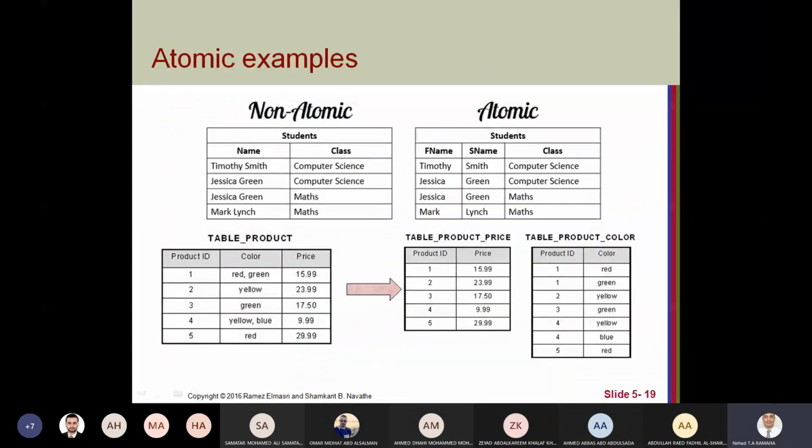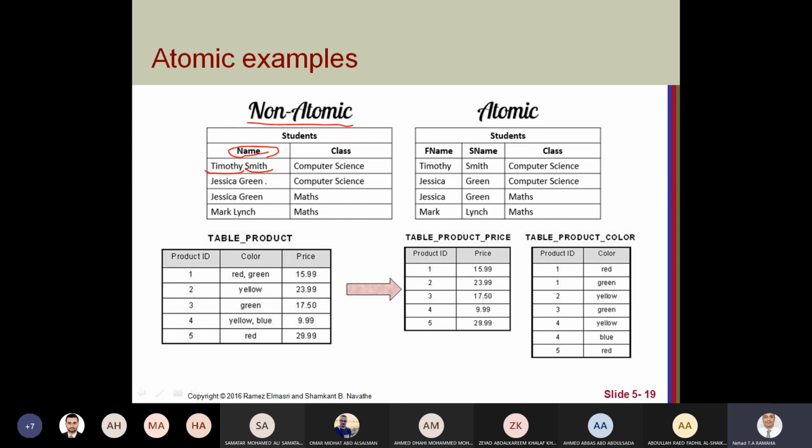I will give you examples here. You see this table or this relation has the name as full name, which has first name and last name. If you will use full name as an atomic value inside your system, then it's okay.